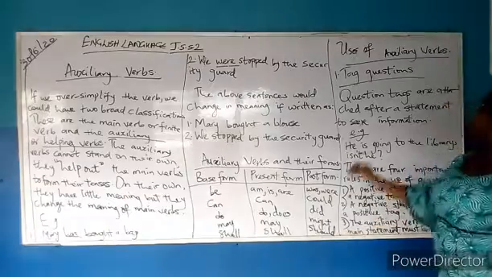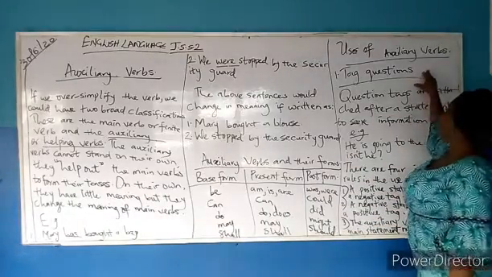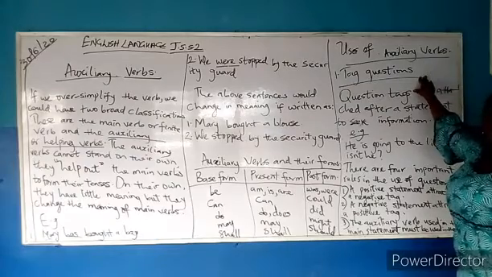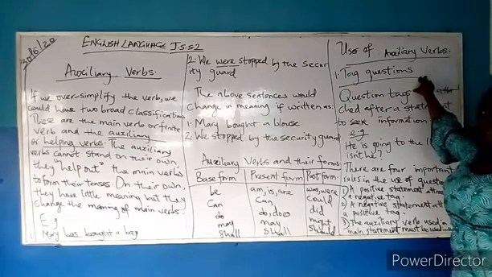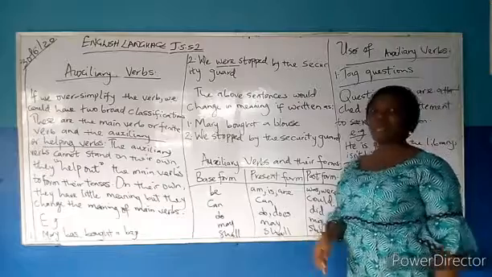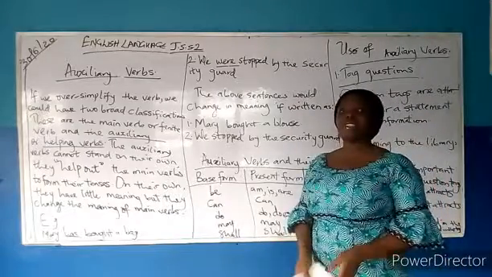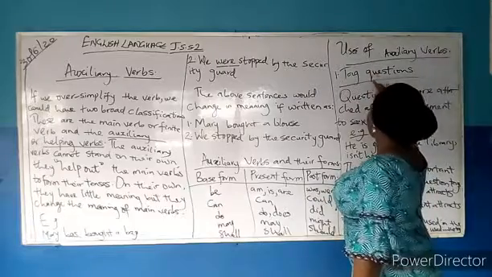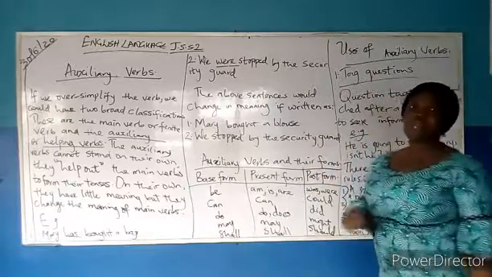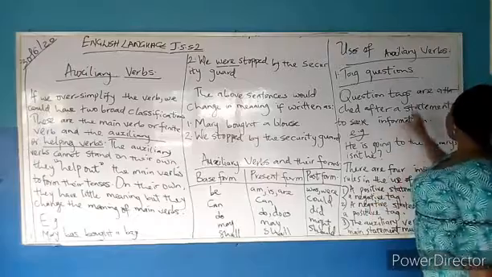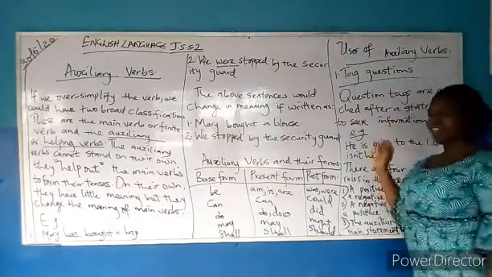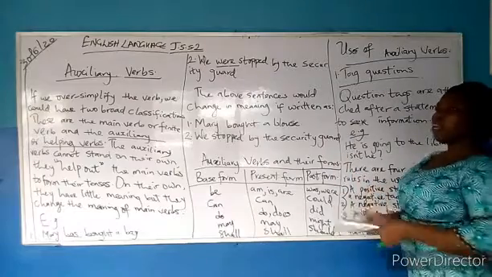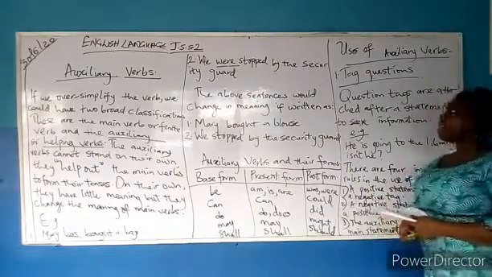Now we want to look at some uses of auxiliary verbs. The number one use, which is important to us in this class, as we will be studying tag questions, which we have already started last term. So we want to see how we use auxiliary verbs in tag questions. Very important. Question tags, as we all know, are attached after a main statement so as to seek information or get an answer from the responder.